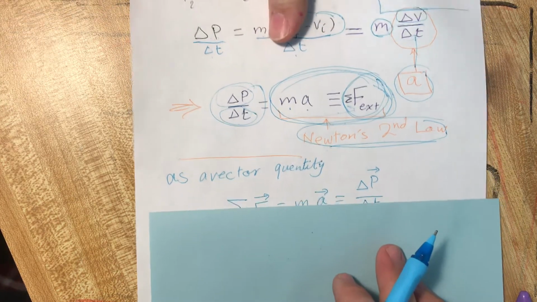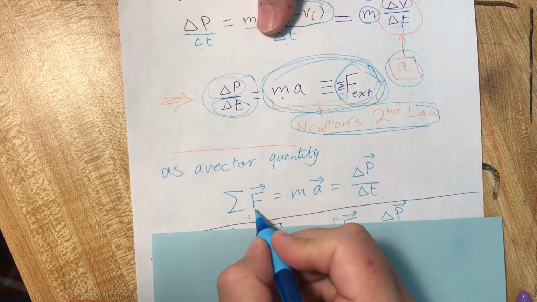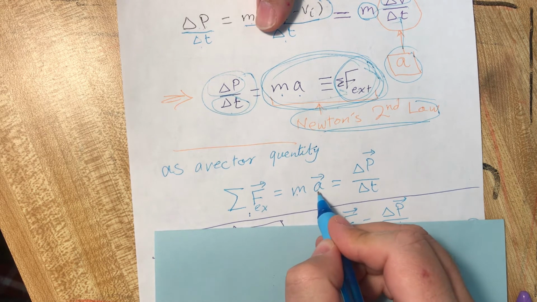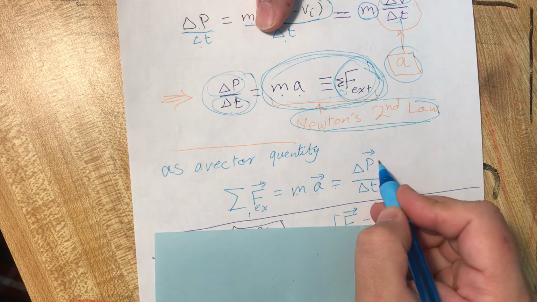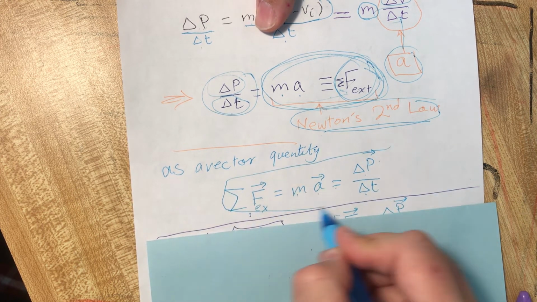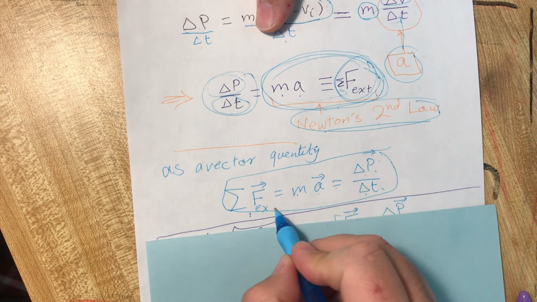As a vector quantity, the external forces are equal to m multiplied by the acceleration vector, which is equal to the change in momentum vector divided by the change in time. This is the relation between the change in momentum with respect to time and the forces.